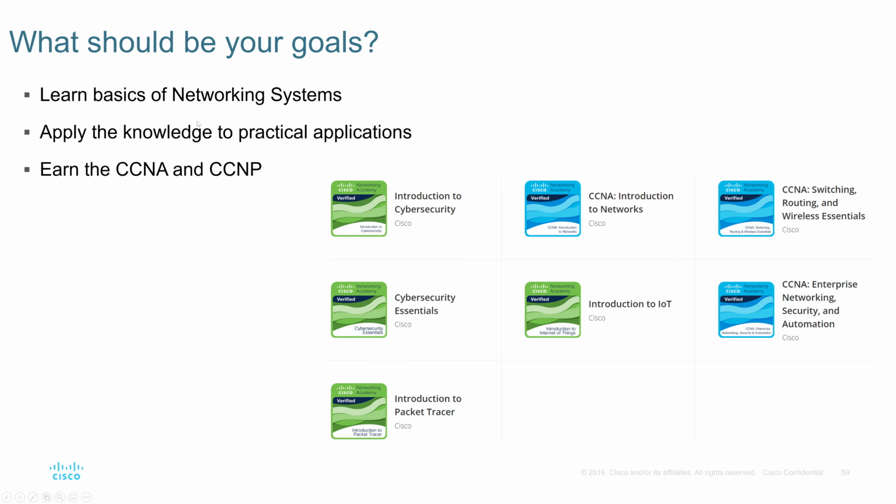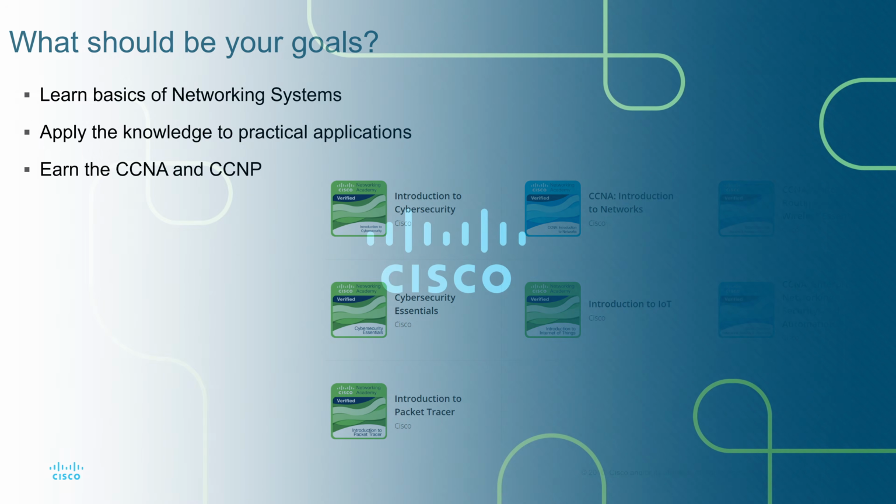It shows that you learn the basics of network systems and apply the knowledge to practical applications. Whatever you learn in this particular module, you can apply to your daily life. Like I mentioned, you can obtain the CCNA and CCNP certifications by doing this module with a registered organization that will administer these courses and exams for you.